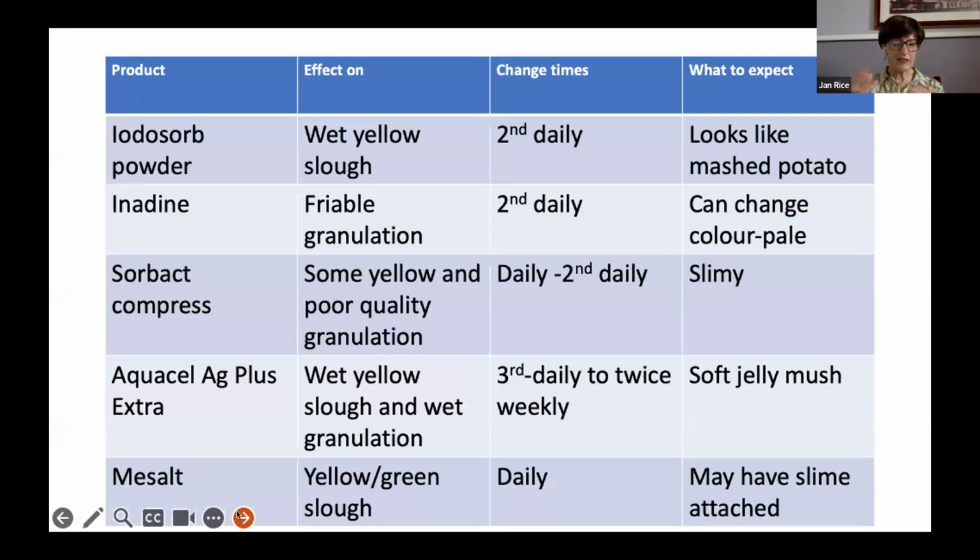And so it can have a slimy appearance. The Aquacel or any of those gelling silver fibres will be gluggy and quite swollen because their job is to soak up the fluid. They may even have a very slight malodor. And Mesalt, for example, will be slimy because it's sucking all that rubbish off the wound.